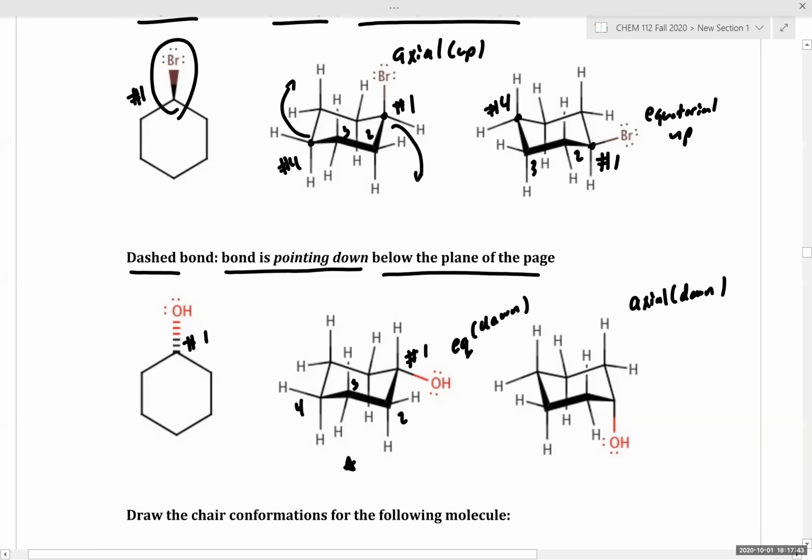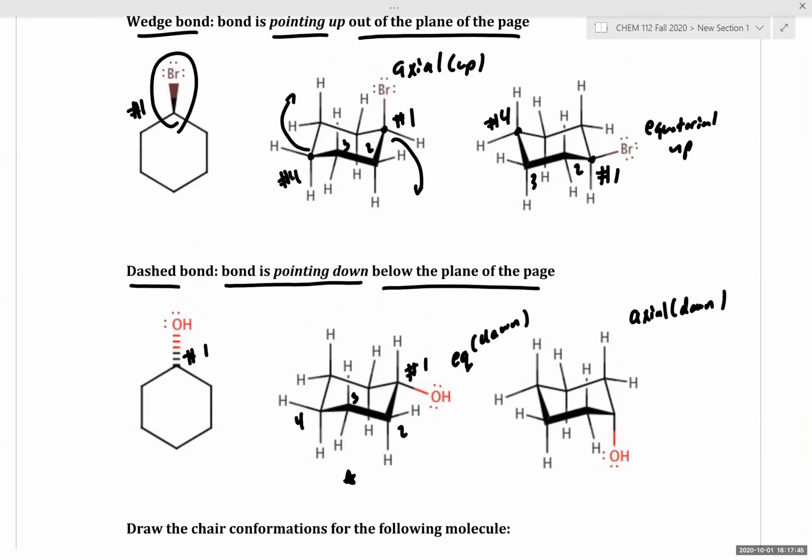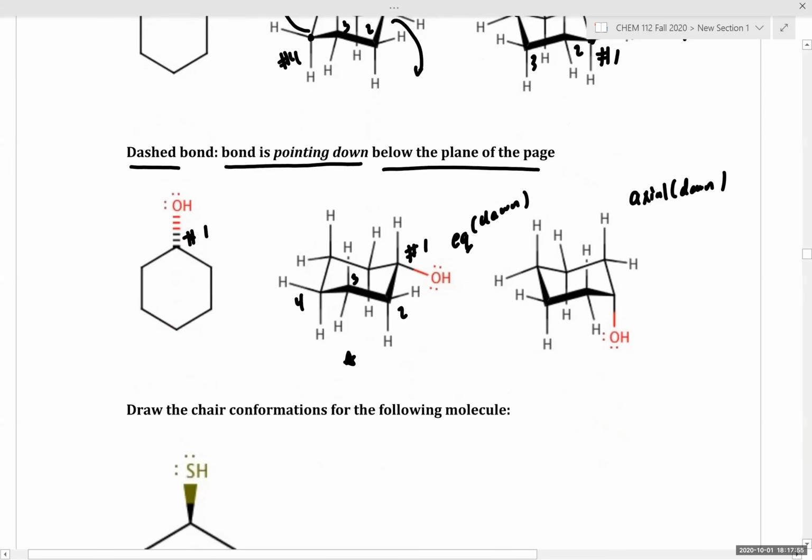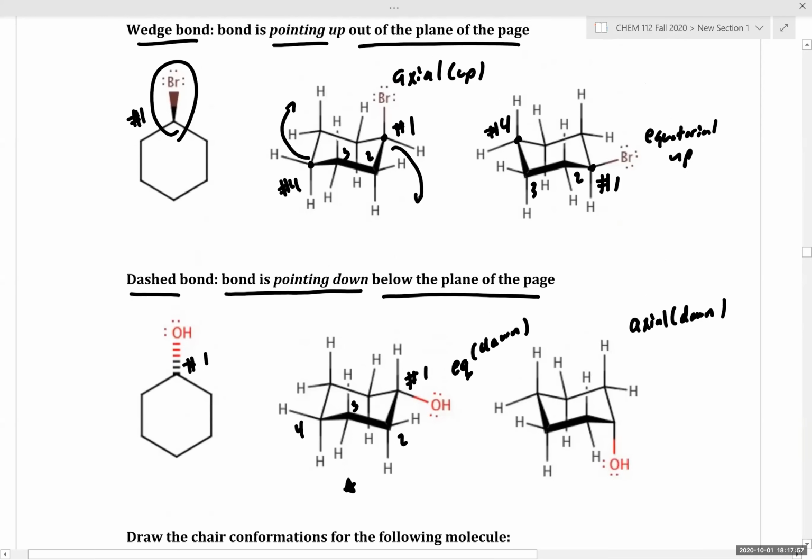Perfect. Do not mess this part up. There are problems that you'll see throughout this chapter where if you draw the wrong chair conformation, your answer will be completely off. As well, one thing I really want you to respect is that if it's a wedge, it's pointing up.